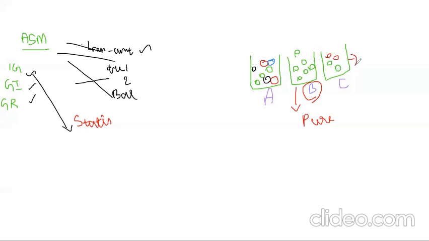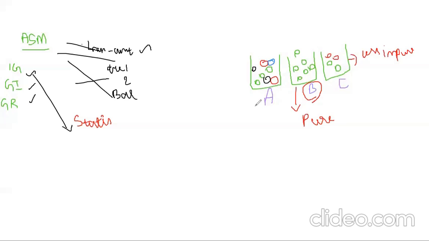Next, look at box A: three green balls, two black balls, two red balls, and one blue ball. In box A you can gather a lot of information, because it is more impure. More impure means it is not a pure box, and you are given more information: three green balls, two black balls, two red balls, one blue ball, and so on. A lot of information is available in box A. It is the high information.